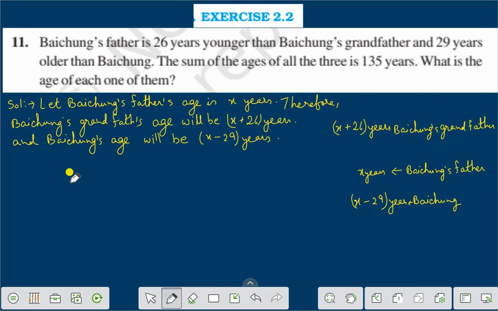Therefore, according to the question, the sum of the ages of all three is 135 years.